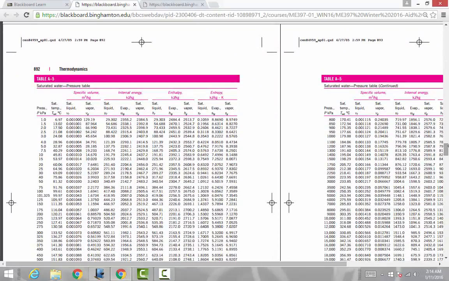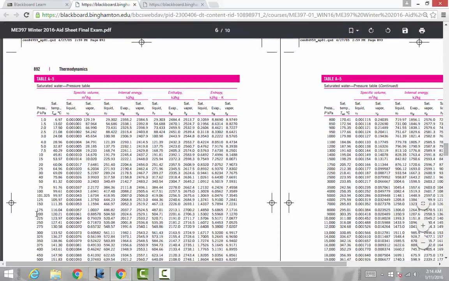Okay. So at this pressure, 200 kPa, I know that the saturated temperature is 120.21, right?